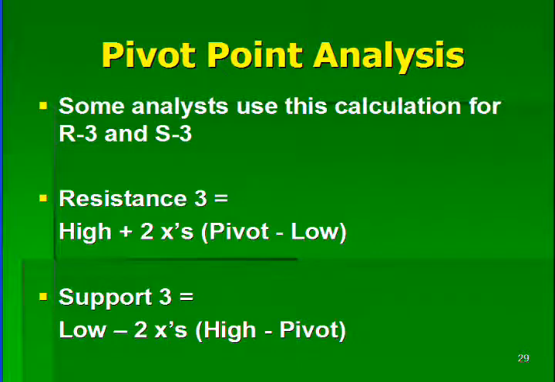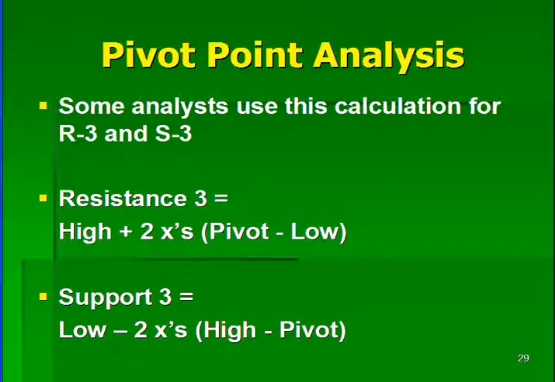So in foreign currencies, sometimes we see some very wild, extreme market moves, and some people feel it's important to expand on those price ranges, and so they'll use what's called R3 and S3. In other words, a third resistance and a third support target.